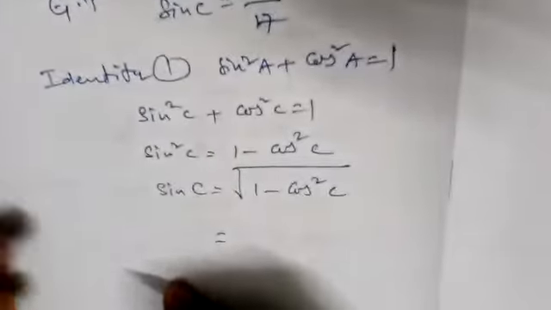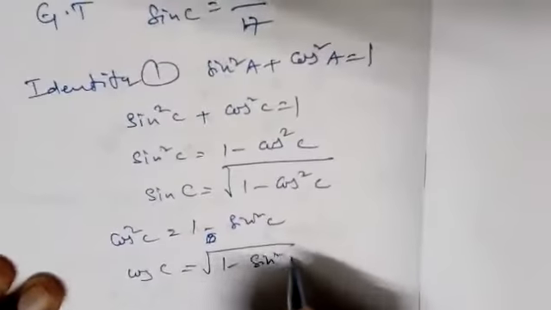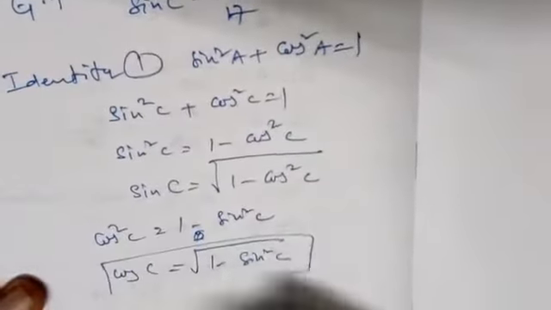Okay. So we'll get the other value. Cos square C is equal to 1 minus sin square C. Cos C is equal to square root of 1 minus sin square C. So we need to find the value of cos C. So we have the sin value. Cos C is equal to square root of 1 minus (15 by 17) whole square.